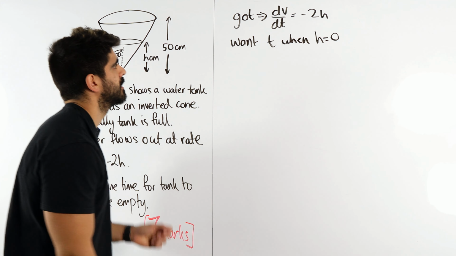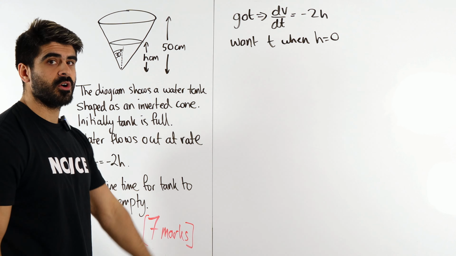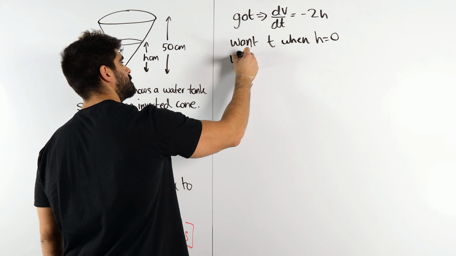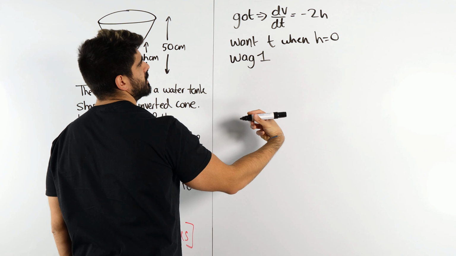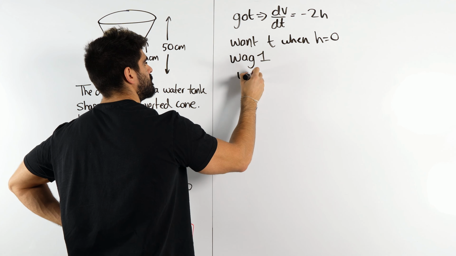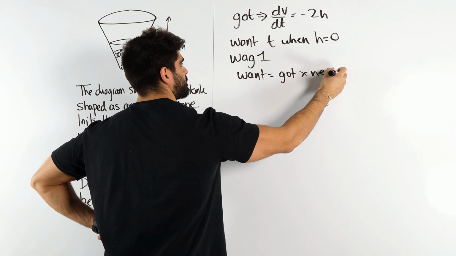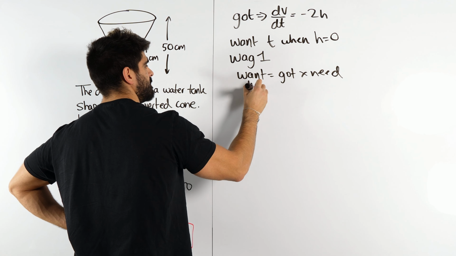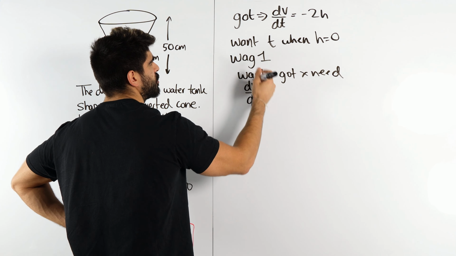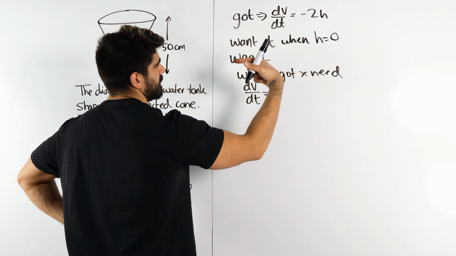Alright, so let's think about our formula: want is got times need. We want dV dt. What have we got? No, wait, what am I on about?